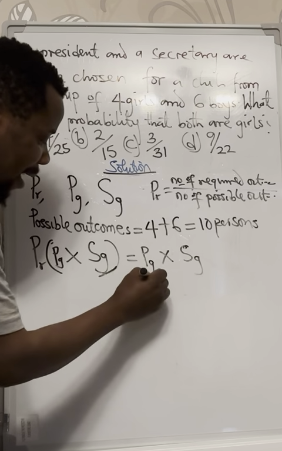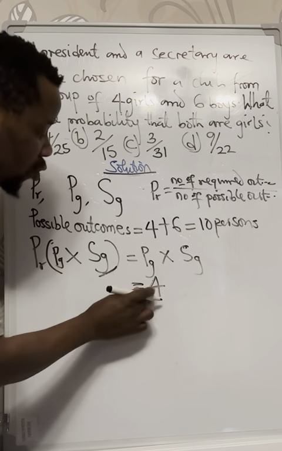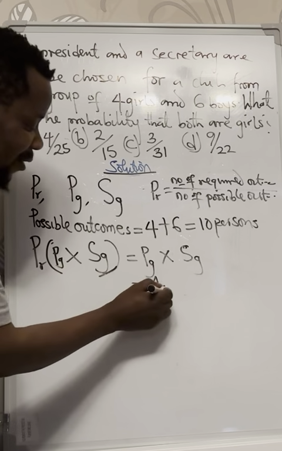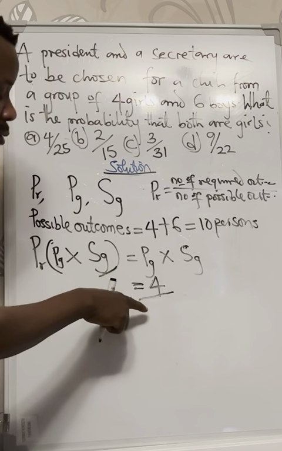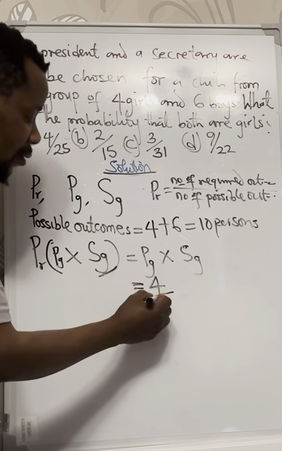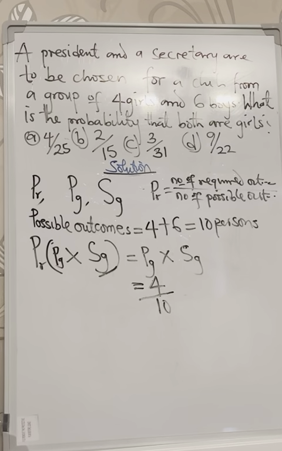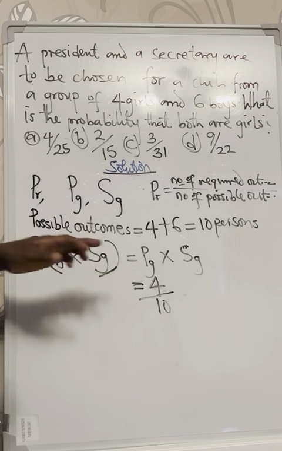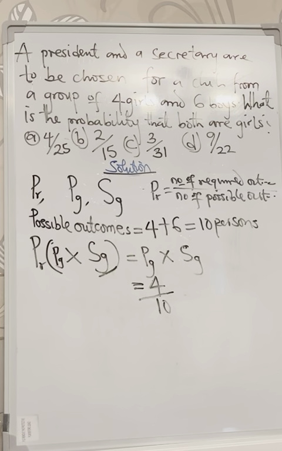That is the required outcome. So you go for the number of girls all over the possible outcome, which is the total number of them in that club, which is 10. Good. This shows the probability that the girl is a president.